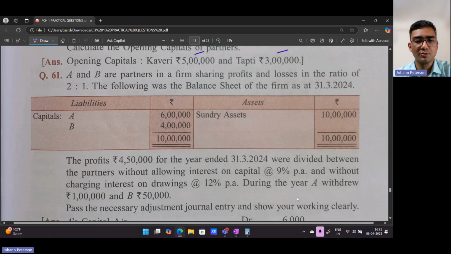Then it says the profits of 4,50,000 for the year ended 31st March 24 were divided between these partners without allowing interest on capital at 9% and without charging interest on drawings at 12%. Okay, so they were divided between them without giving these two. And it says during the year, A withdrew 1 lakh and B withdrew 50,000. It says pass the adjustment entry and show the workings.